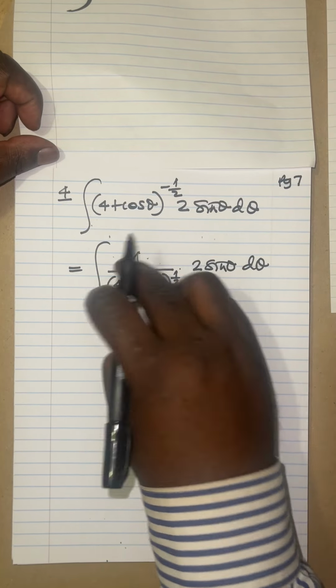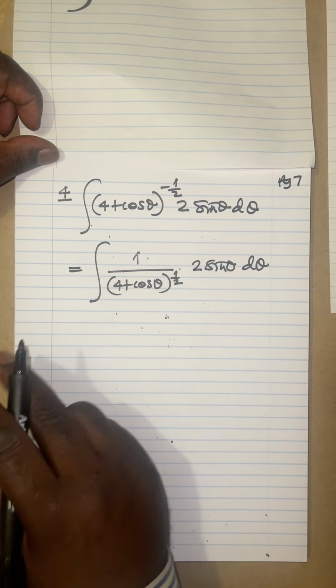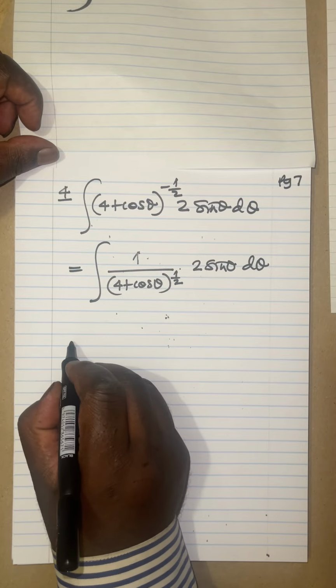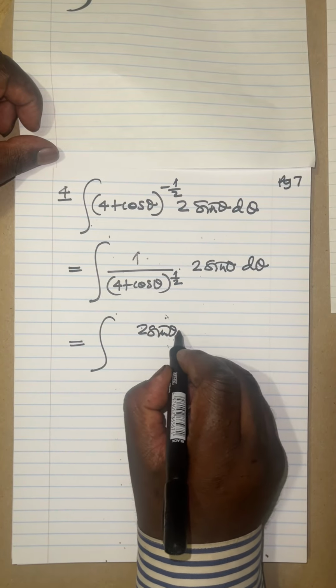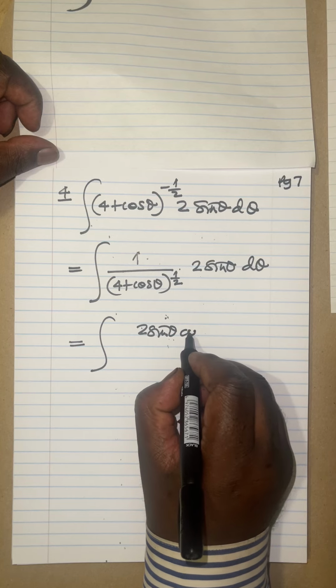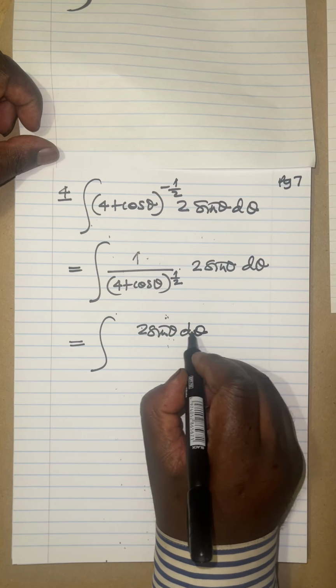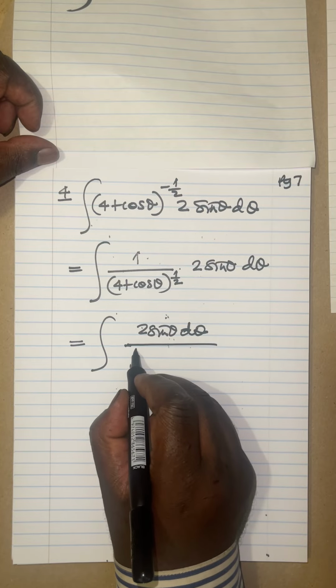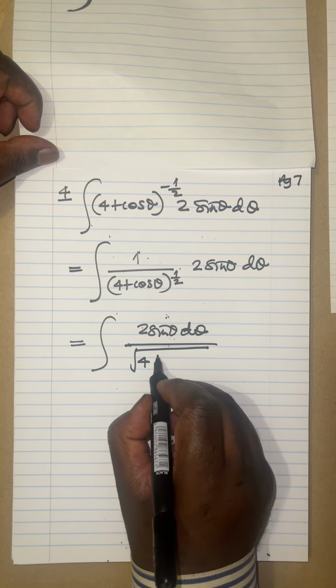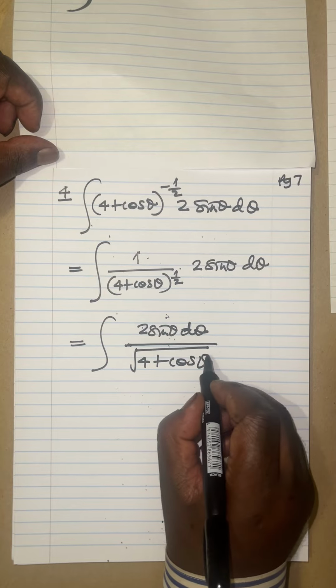Now allow me to take this in the numerator, and this one here I'm going to write it as square root. So this will be the integral of 2 sine theta d theta, sine theta d theta, not cos theta, all over, now we're going to say square root of, watch this, 4 plus cos of theta.